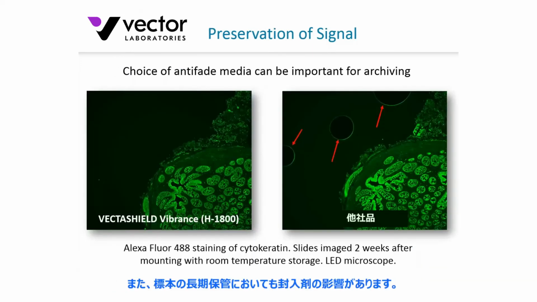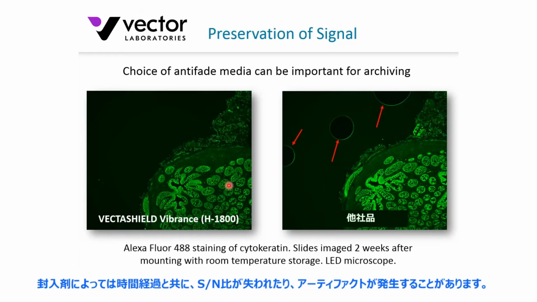Now, the choice of anti-fade media may also factor in if you're looking to store the material or archive it for a given period of time. And I've showcased a couple of different media here. There may be a loss of signal to noise ratio, an artifact creeping in after certain storage conditions. So again, just be aware of those factors.